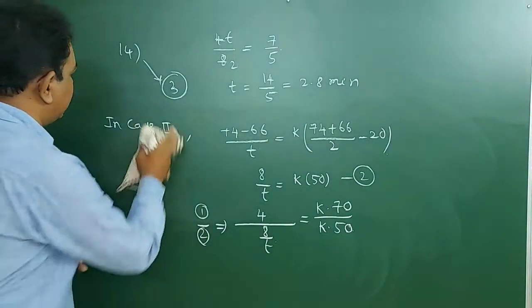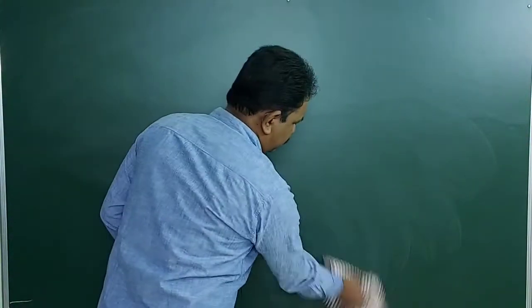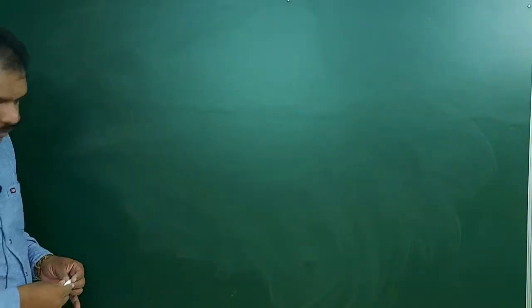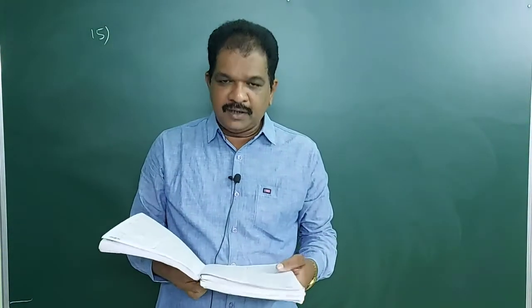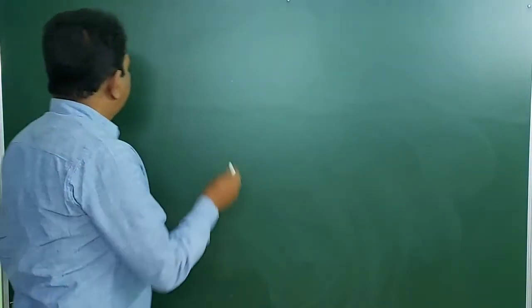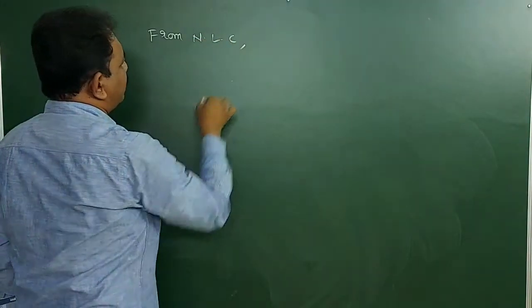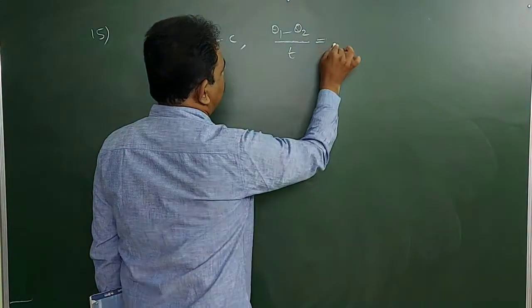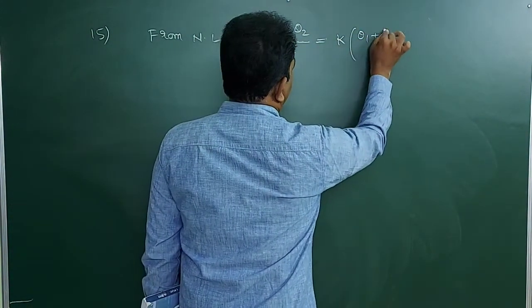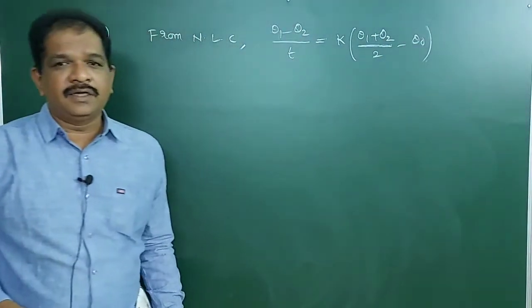What are they asking? A cup of tea cools, same Newton's law of cooling only. From Newton's law of cooling, (theta 1 minus theta 2) by T is equal to K into ((theta 1 plus theta 2) by 2 minus theta naught).